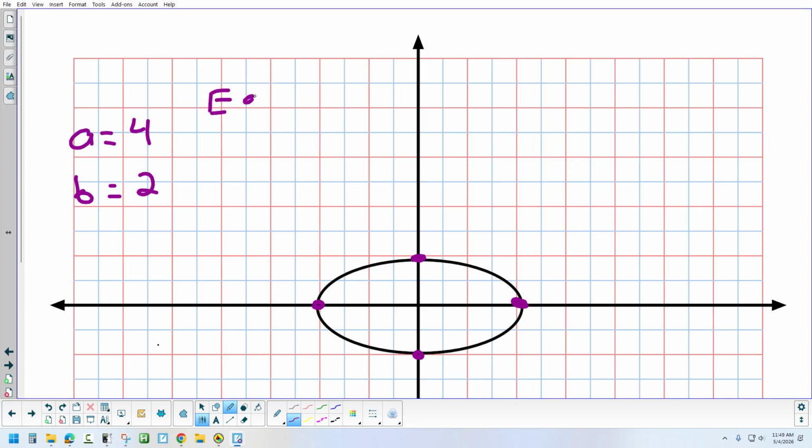So I want to find the equation. Do we want the bigger number under X or under Y when we write the equation? Yeah, I want the bigger number under X. So what number would go under X?